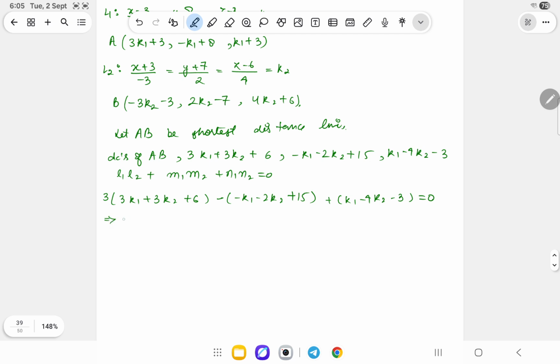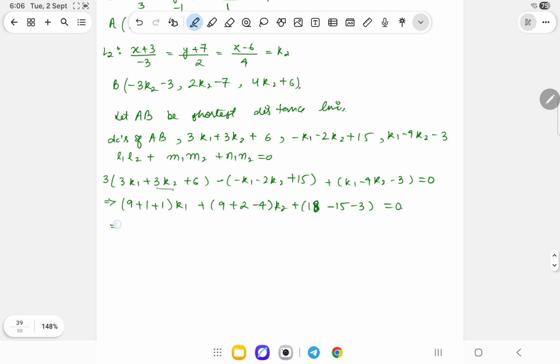If I simplify it, I'll be getting (9 plus 1 plus 1) k1 plus (9 plus 2 minus 4) k2 plus 18 minus 15 minus 3 equals 0. So if I simplify it, it will give me 11k1 plus 7k2 equals 0.